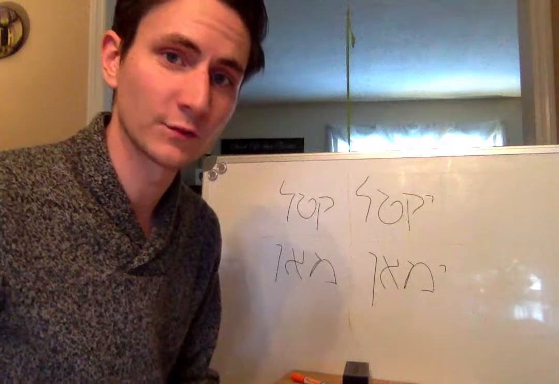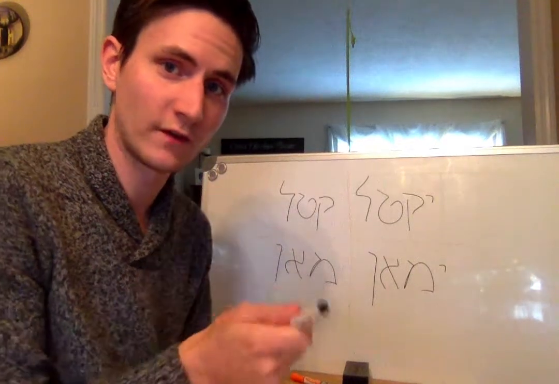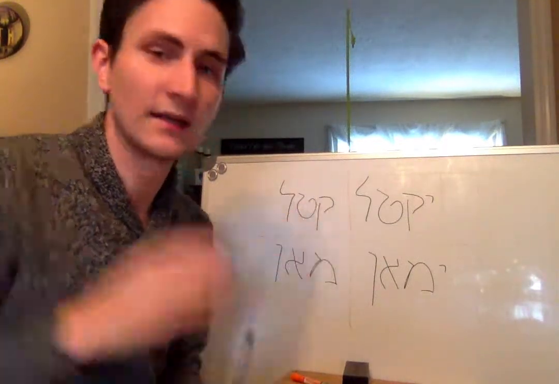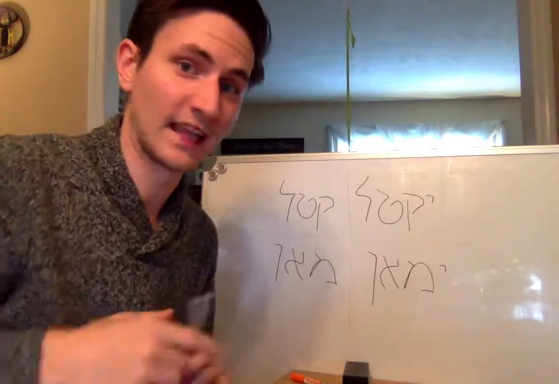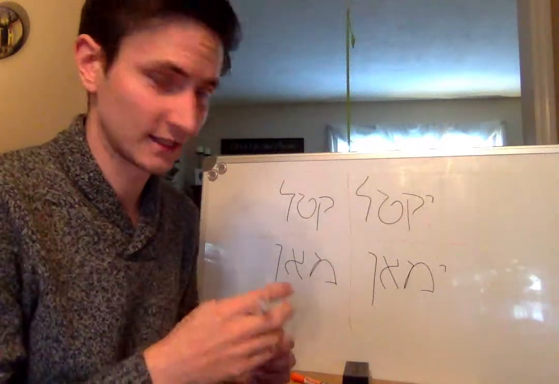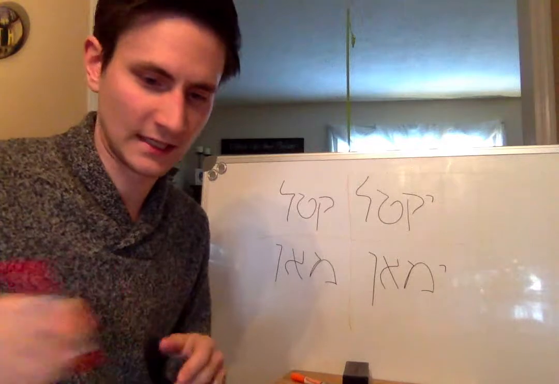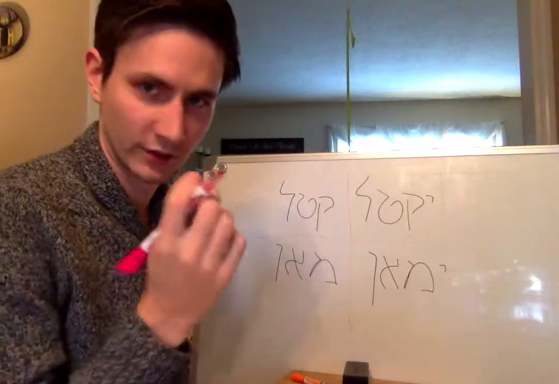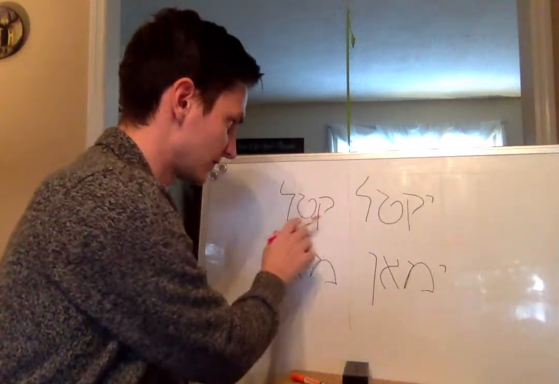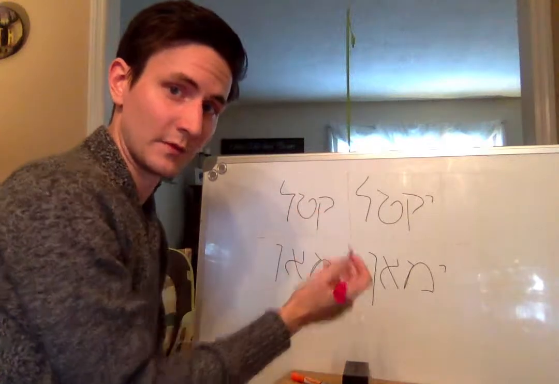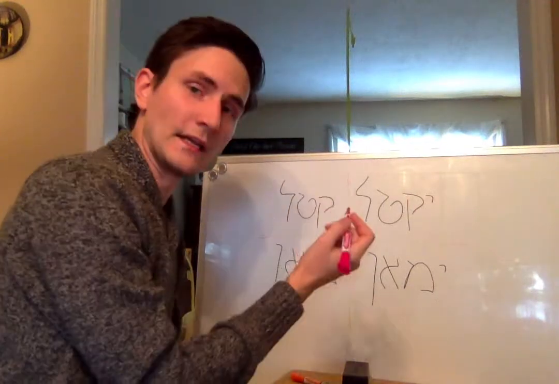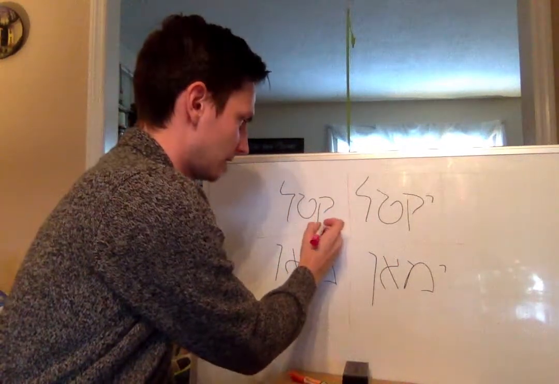For the imperfect, remember the clue is shava, patach, doubling. And we talked about how it's kind of a step ladder up. So let's add these vowels in, and we'll illustrate what this looks like. For the perfect here, katal, that would be the kal. But in Piel, it would be kittel.